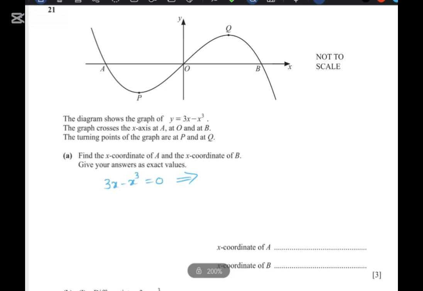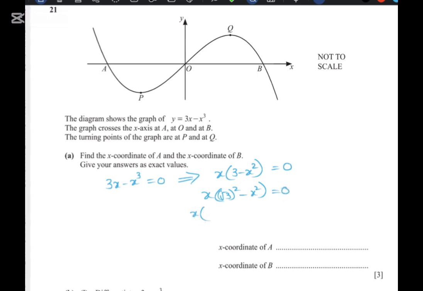So take x common, you get x into 3 minus x square is equal to 0. Now write the bracket as root 3 whole square minus x square. This is in the form of a square minus b square, which can be written as a plus b into a minus b. So x into root 3 minus x into root 3 plus x will be 0.